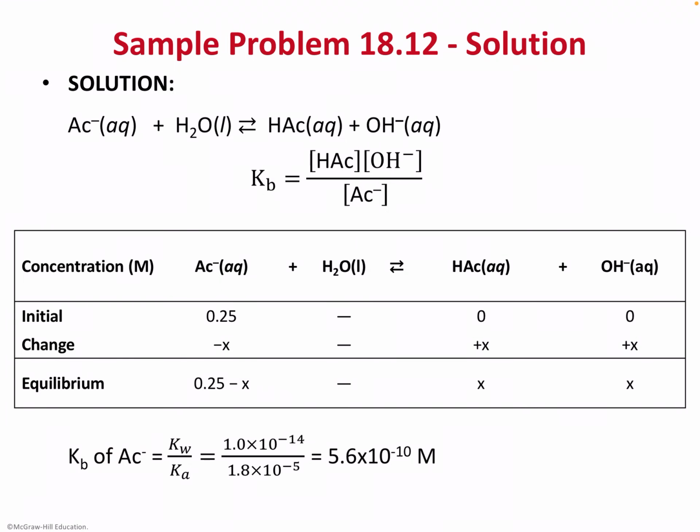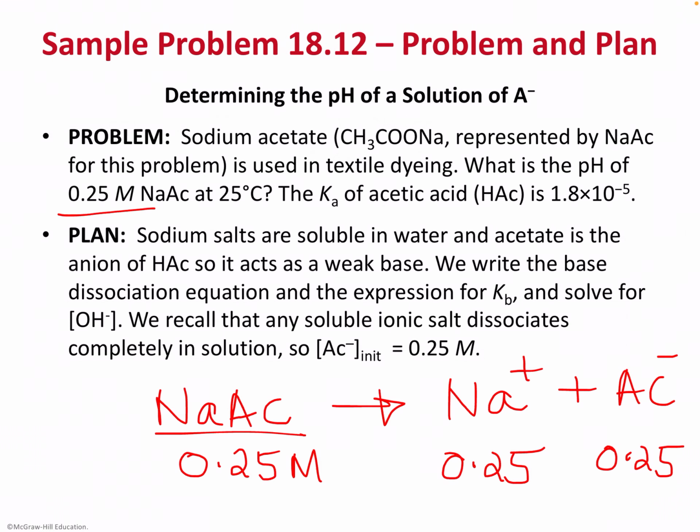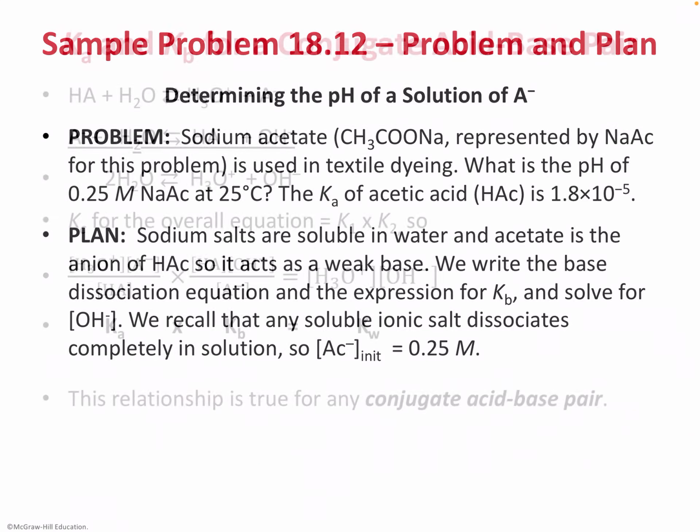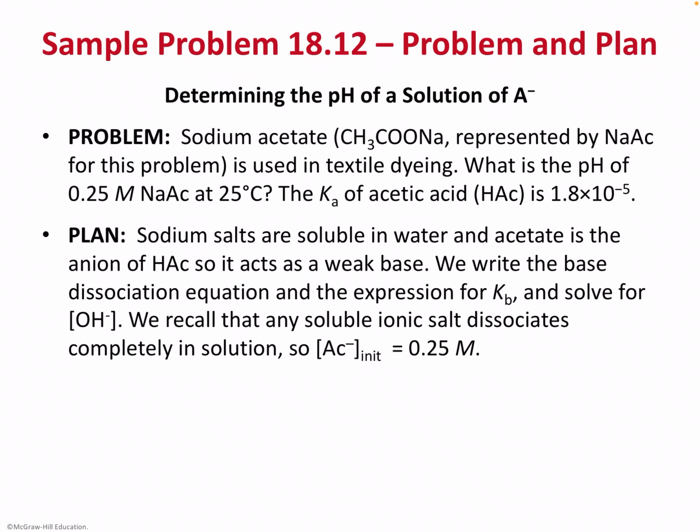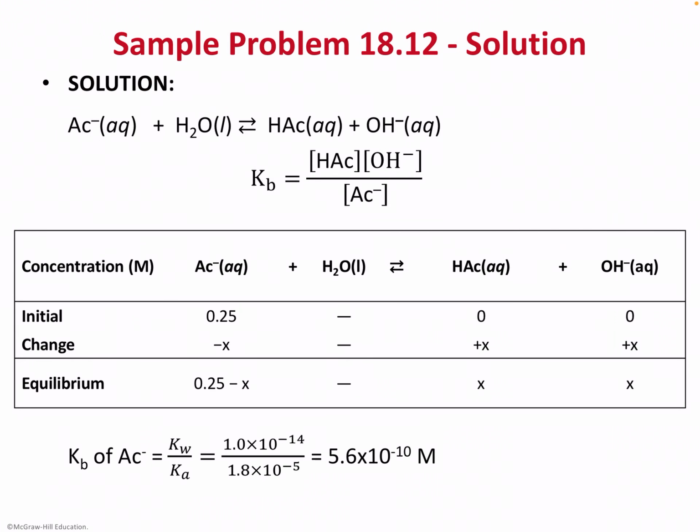Now we were given the Ka of acetic acid. We want to find out the Kb. Remember this equation here, Ka times Kb equals Kw. So we were given Ka. Kw is for water, 1 times 10 to the negative 14. So we can find out Kb. Kb of the acetate ion would be Kw over Ka.